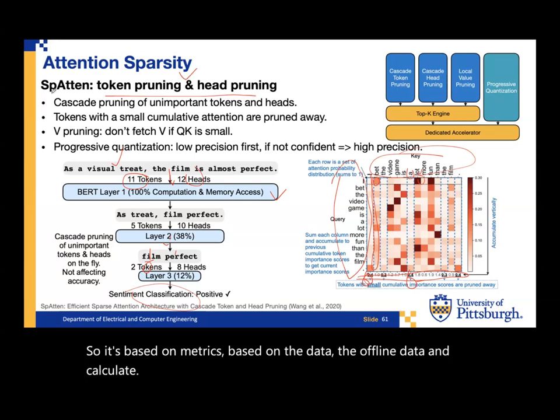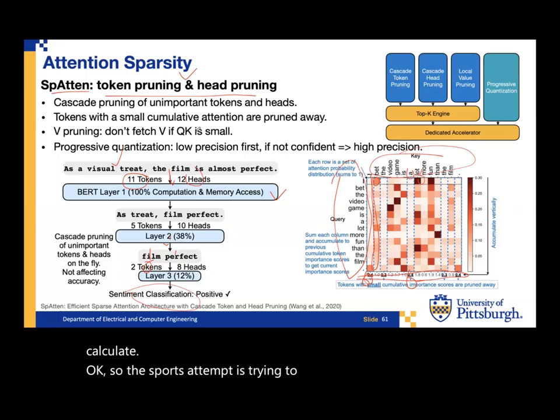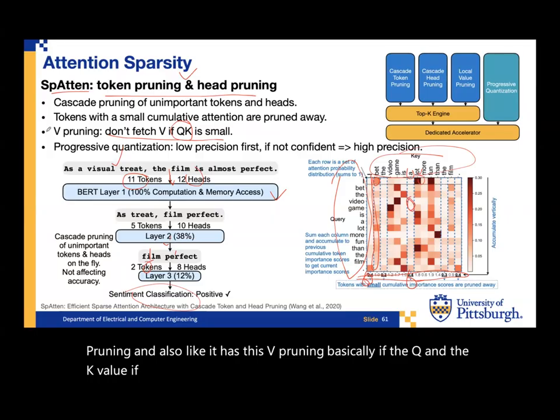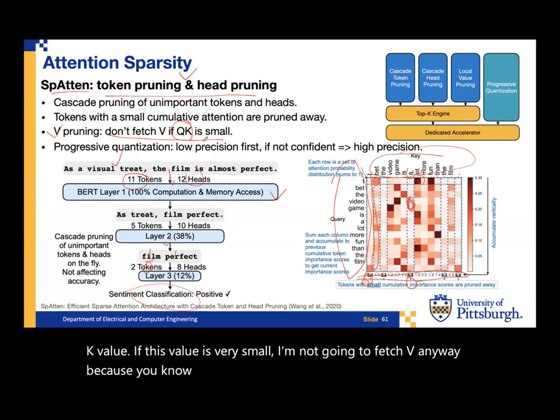Okay, so the sparse attention is trying to do that attention pruning, and it also has this V pruning. Basically, if the Q and K value is very small, I'm not going to fetch V anyway because it's not important. V is not going to be operated on.